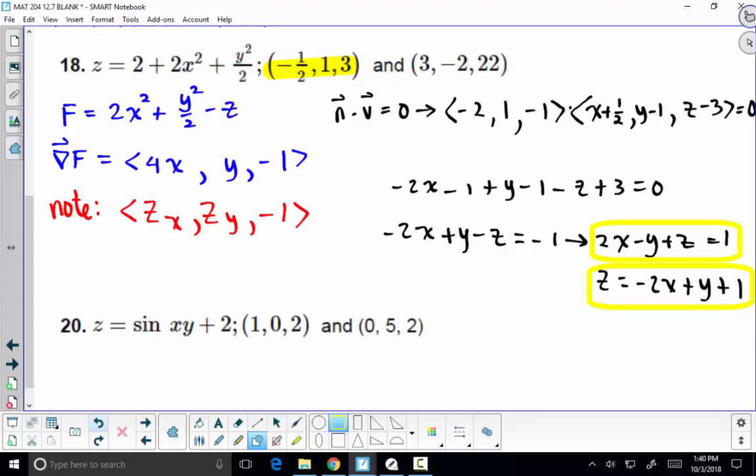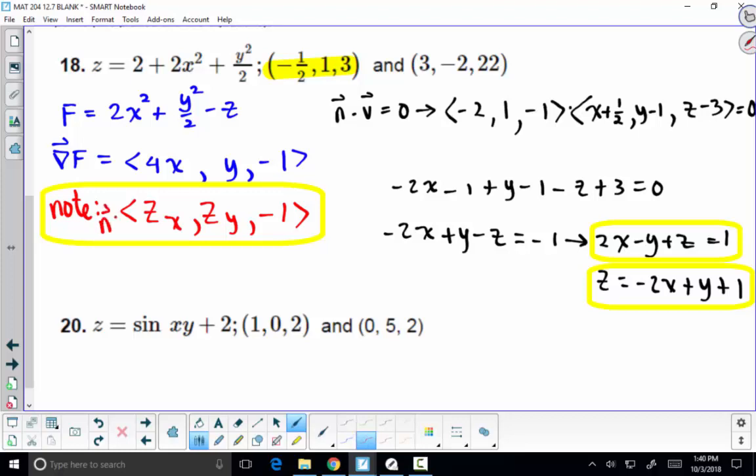And the third component is -1. So once you've done this a bunch, you may just come down and write this immediately and not even write those two steps. You may get to that point where it's like, oh, I know what's going to happen when I have an explicit function. I know that it's going to be z sub x, z sub y, -1. Okay, I see it. It's always going to be that.